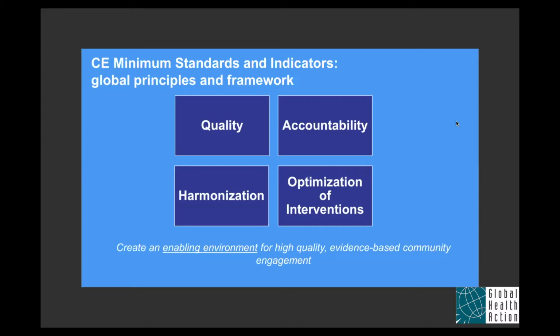What are the similarities and also what are the differences, and being able to account for that, but realizing that at the end of the day, there are core principles for us that we are committed to in terms of community engagement. And then how do we optimize what we do?